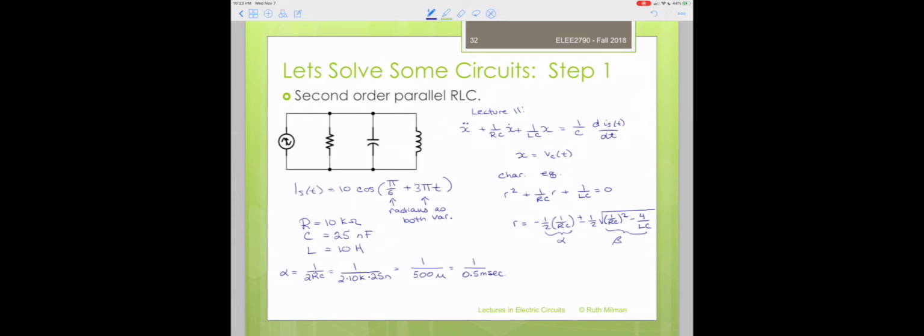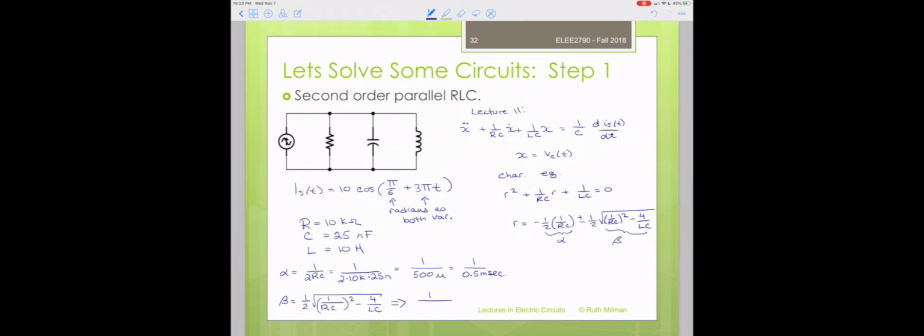Now the next thing we're going to look at is beta. Beta is equal to 1/2 of the square root of 1 over RC squared minus 4 over LC. It's really only the stuff in the square root that we're going to worry about to start with, so let's calculate it.